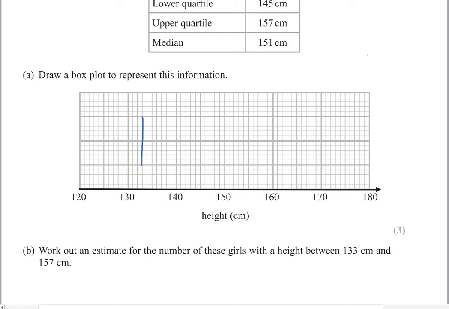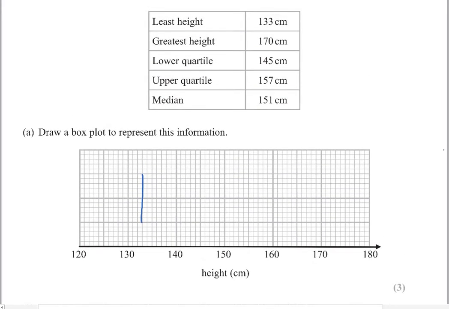The greatest height was 170, so that's there. Okay, the lower quartile, 145. The upper quartile, 157, which is there.